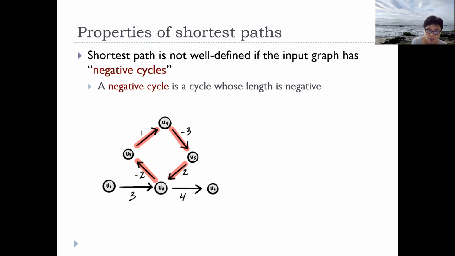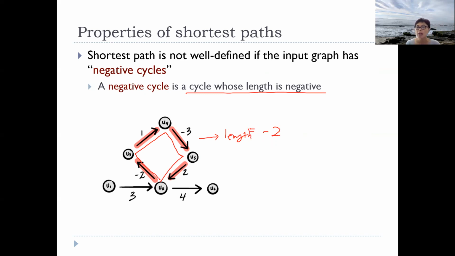A negative cycle is just a cycle whose length is negative. For example, the one I'm showing here, going from U2 to U3 to U4 to U5 and back to U2. This cycle has weight -2, which is the length of this cycle, which is negative. So this is a negative cycle.